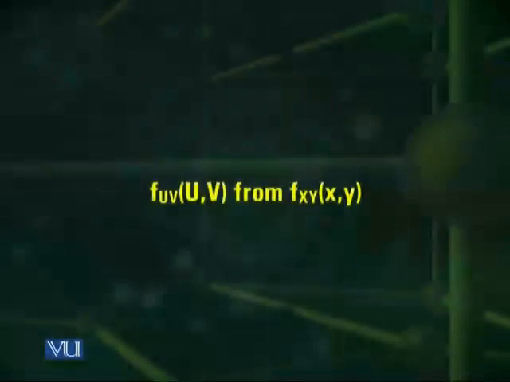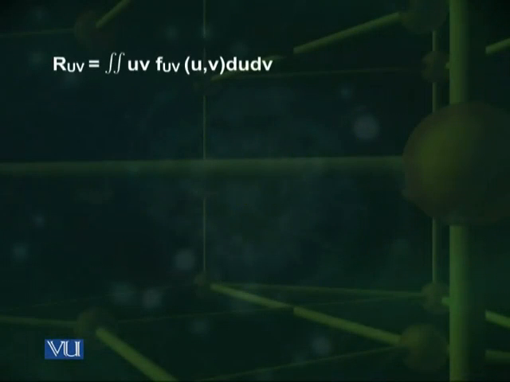If so, then the correlation between derived random variable u and derived random variable v can be found by this expression. R_UV, the correlation, is equal to u times v times the joint PDF of u and v integrated over the whole range of u and v.